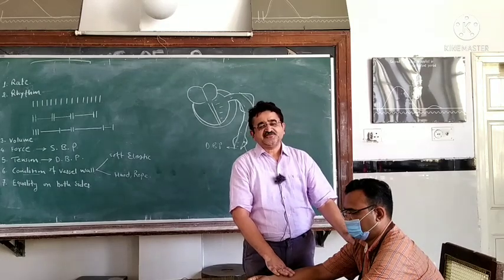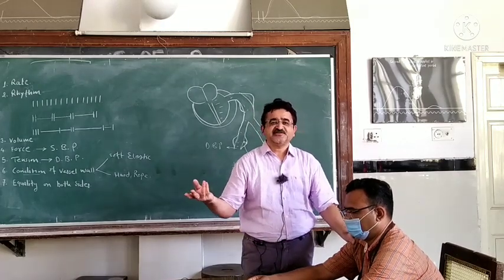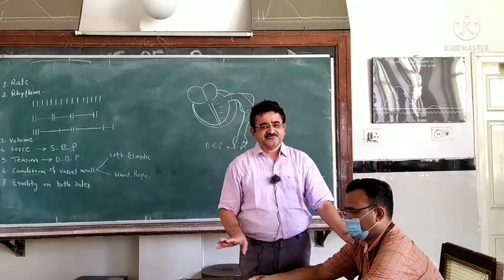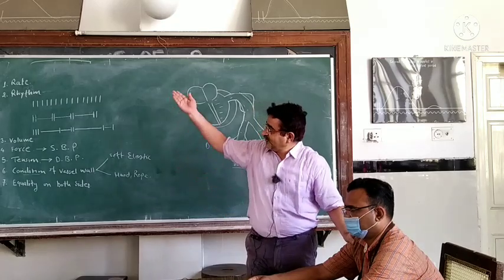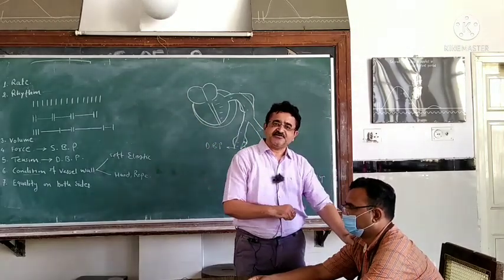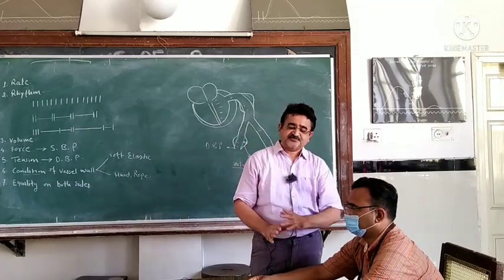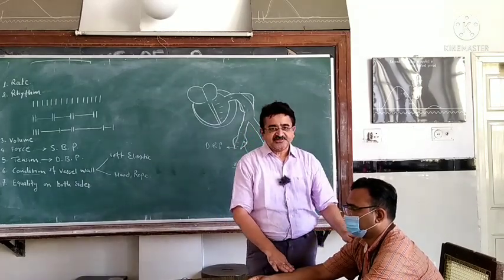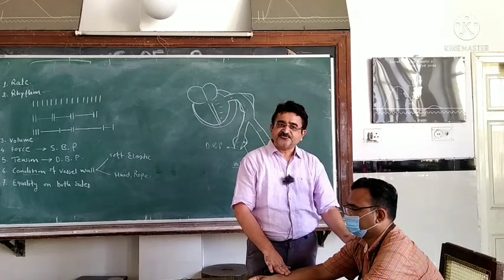The mistake made by students is that while reporting they just say the rate is 78 beats per minute. This is not the way. We have to describe all these points in the reporting of the radial pulse. Now, what will be your reporting? On examination of the radial pulse of the given subject, the rate is found to be 76 beats per minute.